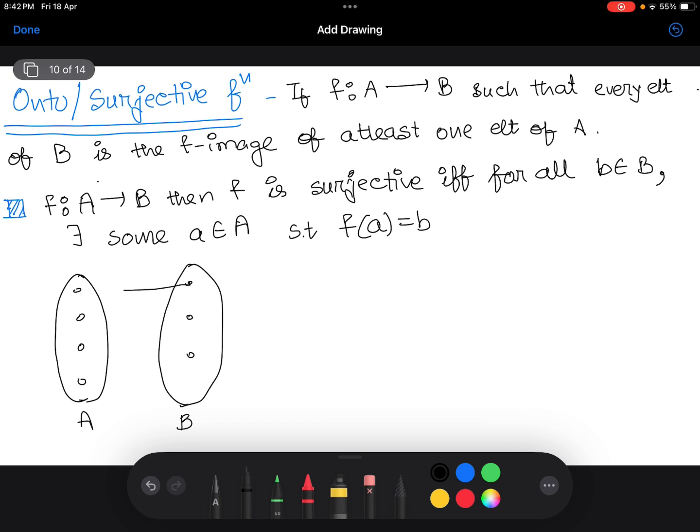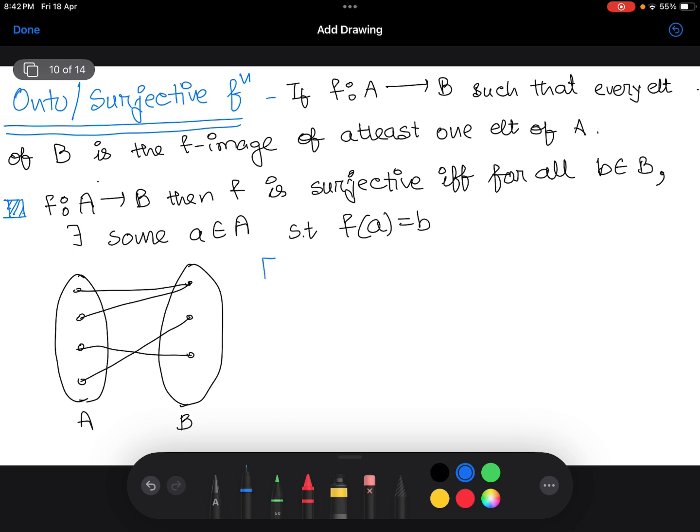So this goes to here as well, this goes to here, and this goes to here. You can see that every element of B, the codomain, has a pre-image. For every element of B, it is the image of at least one element of A. Clearly we can see that.